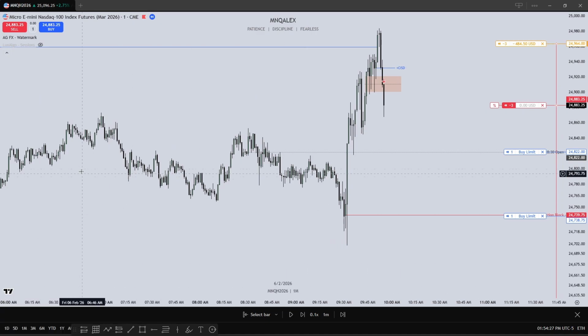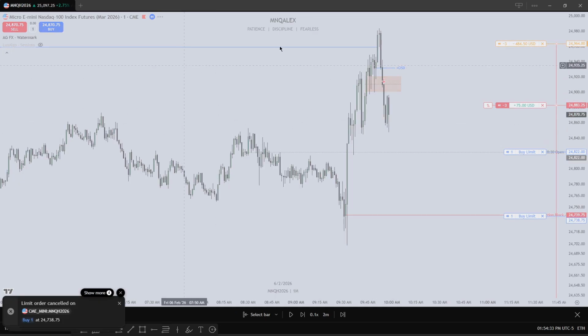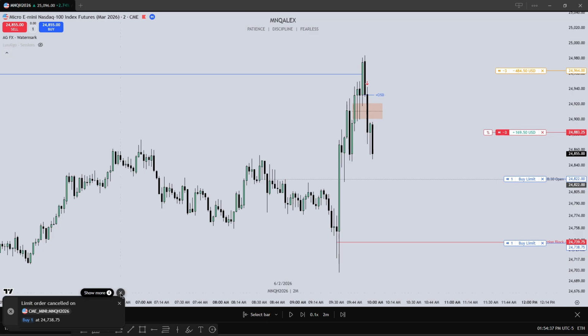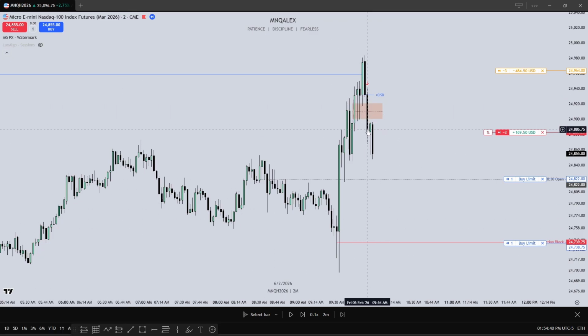So what ended up happening was we traded lower and retested this 2-minute. Now this is the ICT 2022 model right here. I entered on an inversion initially. You also could have entered on a fair value gap. I'm pretty sure this fair value gap was right here.